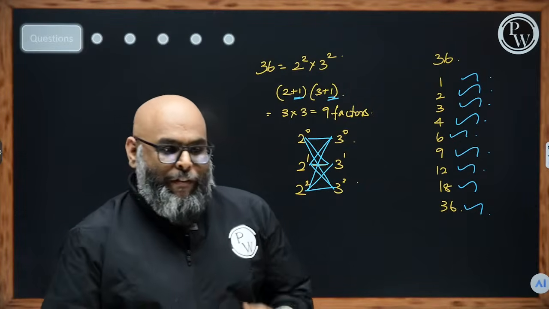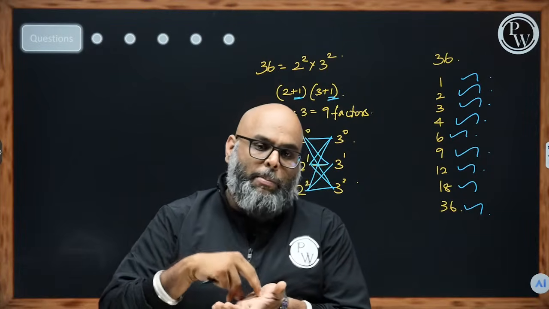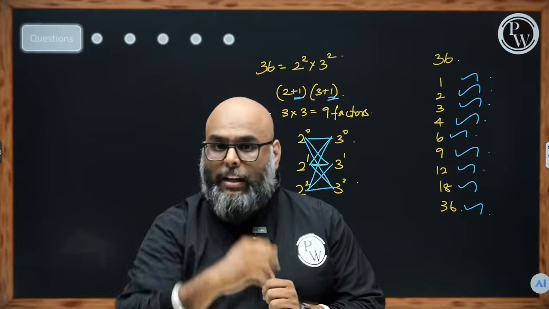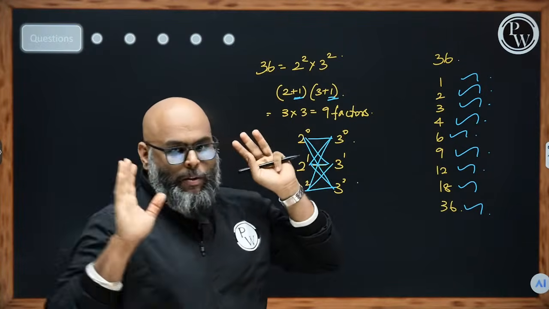So when you say 5 power n is a factor, the highest power of 5 is 5 power n, there are n plus 1 values of 5 that I can think about. So to incorporate the power zeros, we add the plus 1.